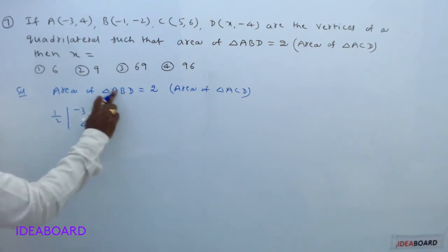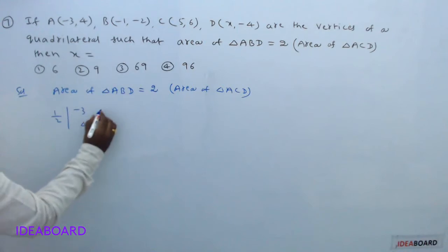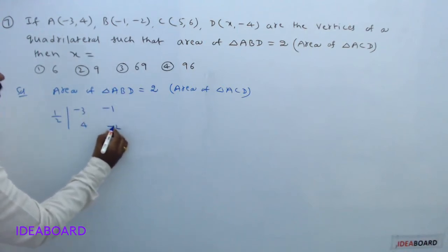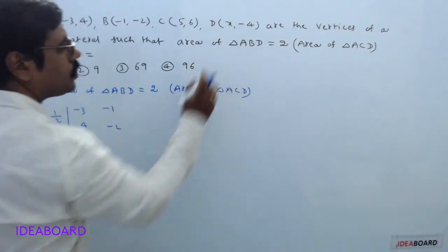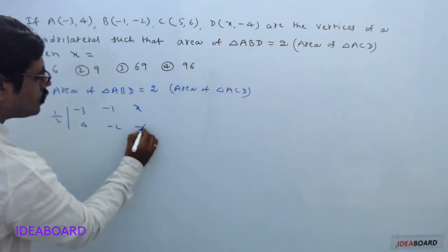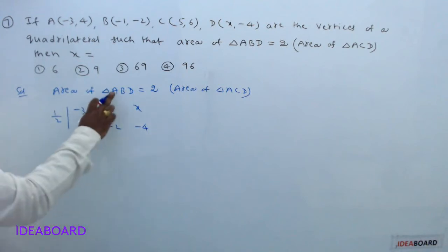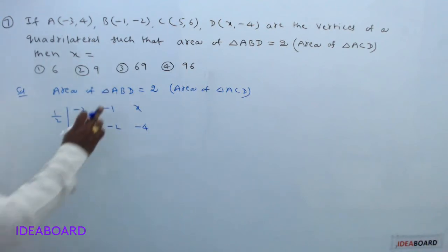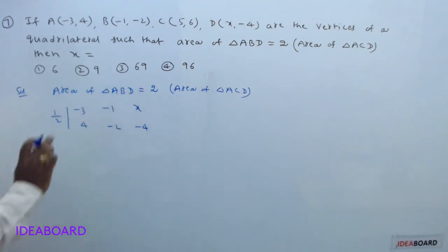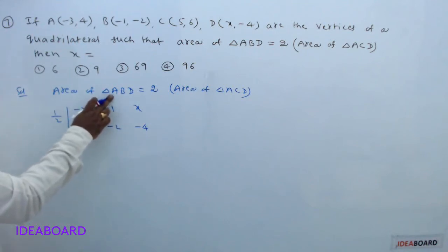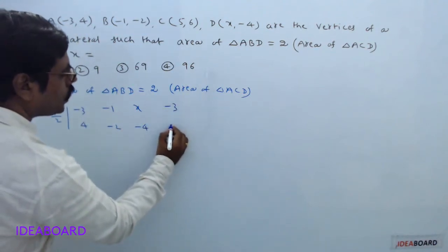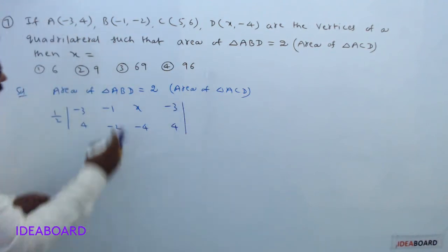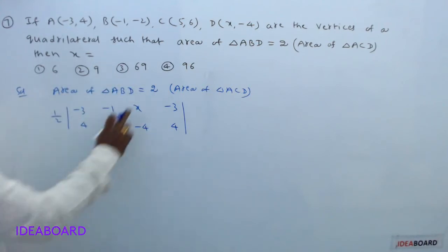Then B point coordinates, minus 1, minus 2. Then third point coordinates D, x, minus 4. Then 3 points are over. Then again you write down the first point coordinates, A: minus 3, 4. Now this LHS part is over.